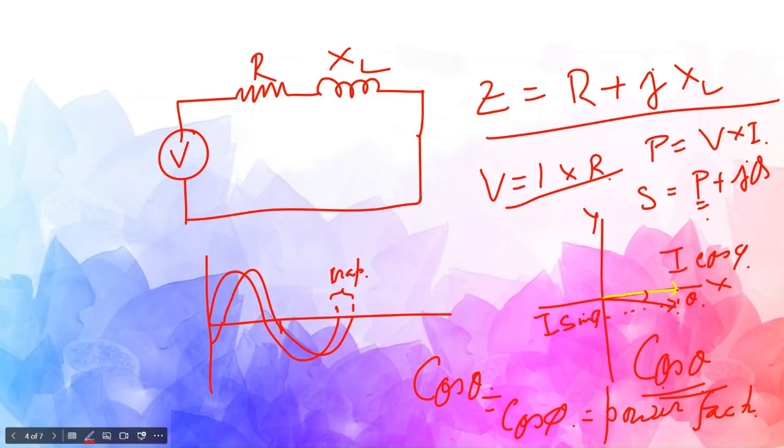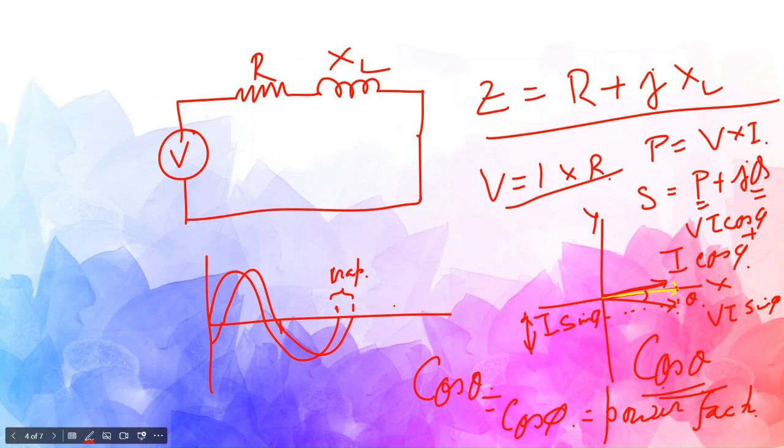Here P is called the active power and Q is called the reactive power. Now P is defined as V into I into cos phi, so it means the I cos phi component into V. It represents the active part, and this part is the reactive part. So this reactive part would be V I sin phi, right?